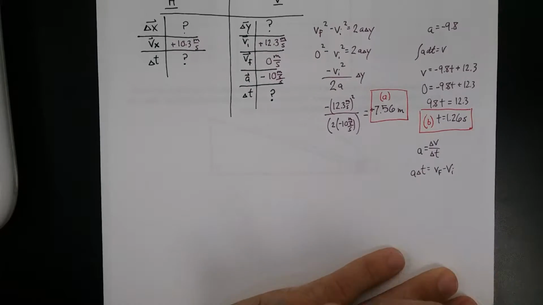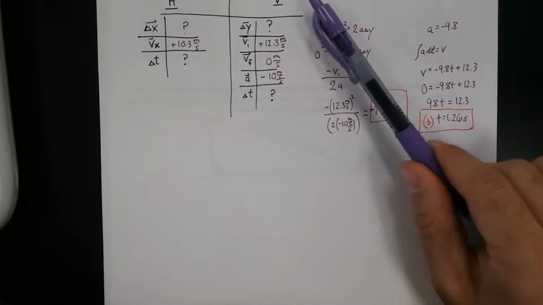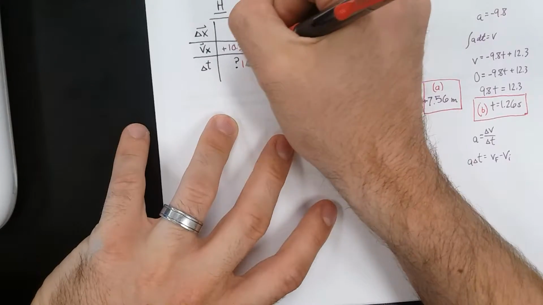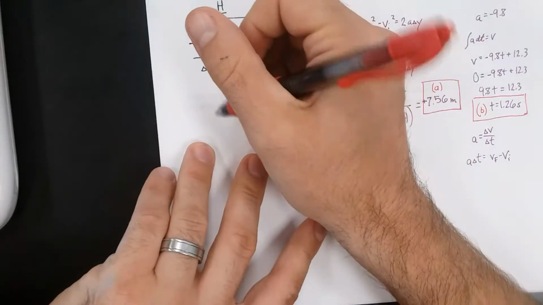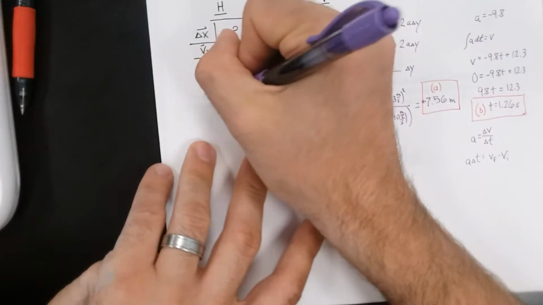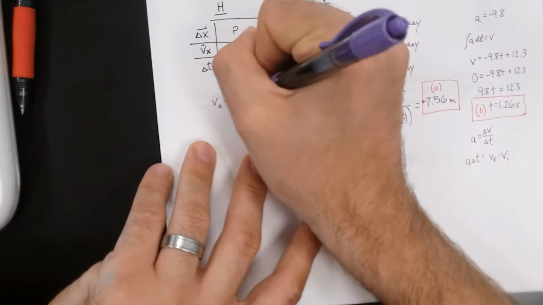Same. What is the horizontal displacement of the marble during this time? Well, the time is 1.26 seconds, and this horizontal velocity is constant. So Vx equals delta x over delta t.